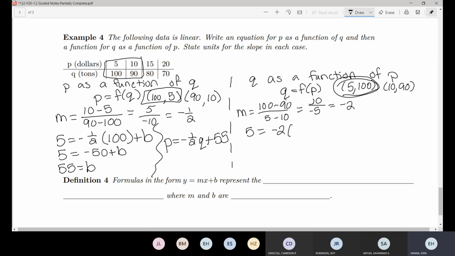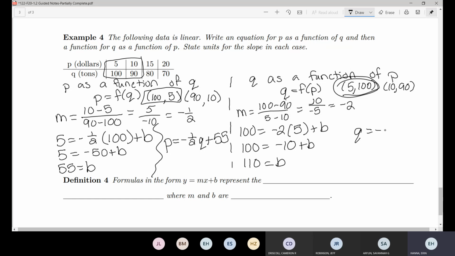Say I use this point again. 100 equals -2 times 5 plus b. So 100 equals -10 plus b. Add 10 to both sides, get 110 equals b.